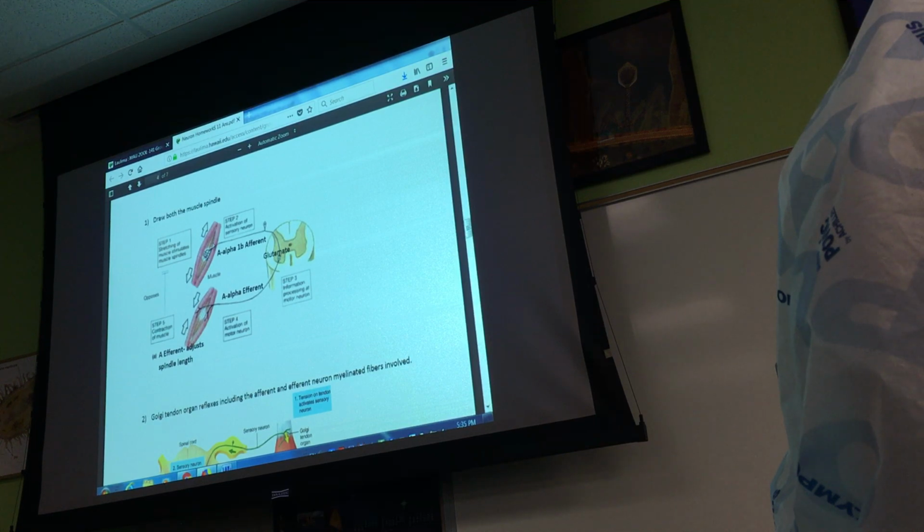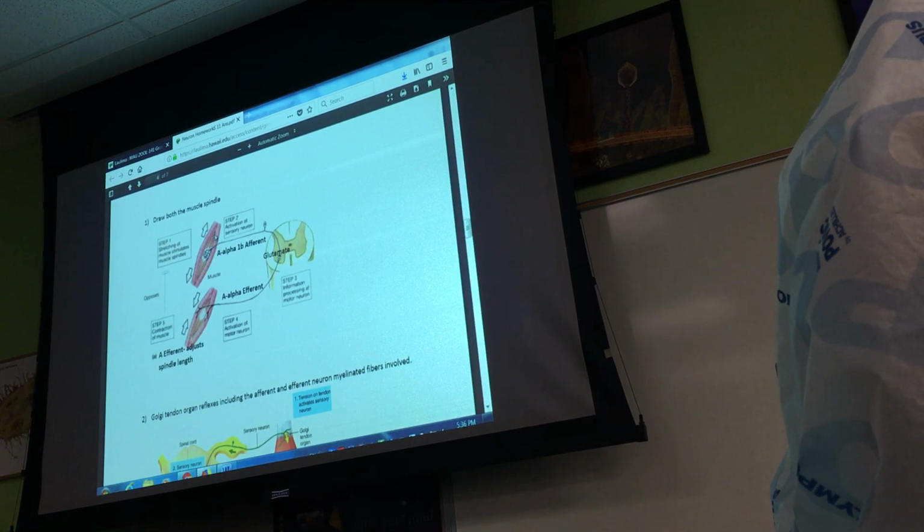So what is the encapsulated structure that detects muscle stretch? That would be the spindle. That's the whole thing. And then what do the sensory neurons release at the synapse?